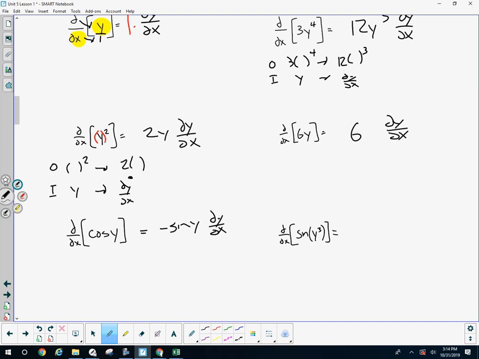If you have a chain and you'd have to take the derivative using the chain rule, even if it was with x's, you'll have to do it with y's. It's just when you take the derivative of the y cubed, you need a dy dx after.